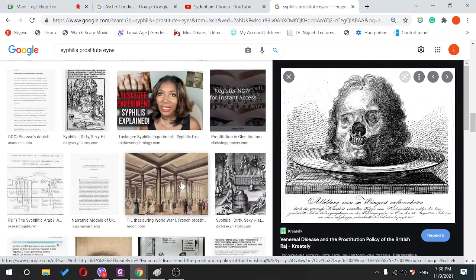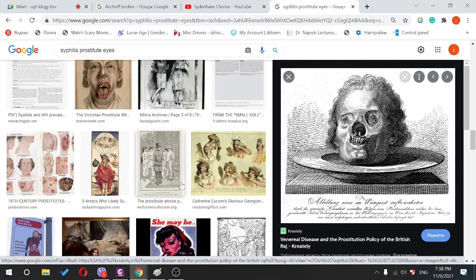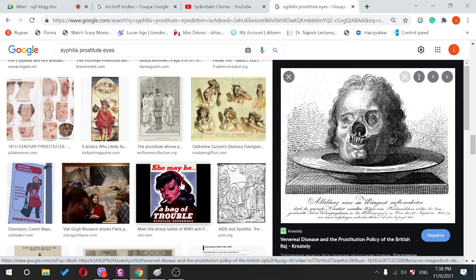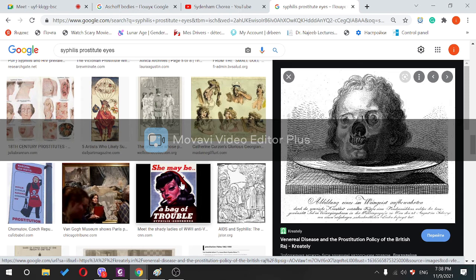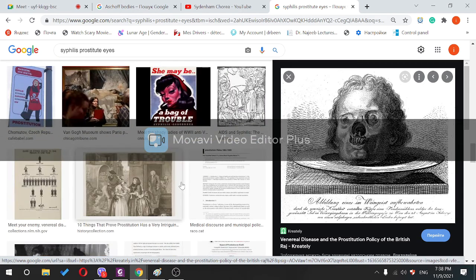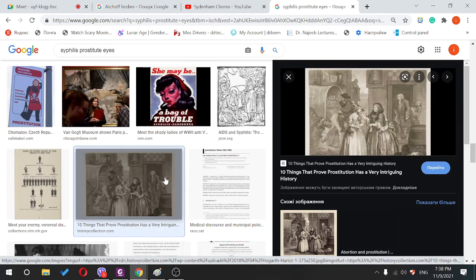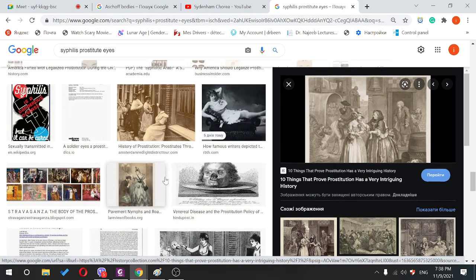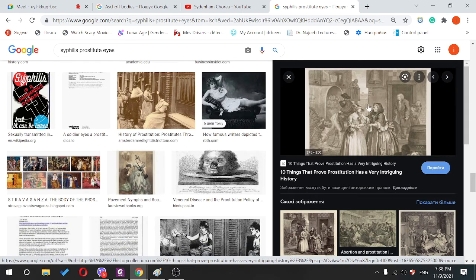That's why you might see pictures from the Middle Ages of taking a light and putting it in front of the face of a prostitute. It's a common thing. The reason is that her pupils do not react, and if they do not react, it means she has syphilis, okay? That was the way to diagnose ladies with syphilis.